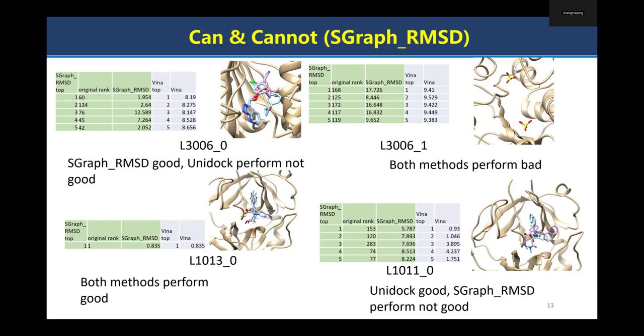So for this case, maybe a traditional scoring function has similar performance to our data-driven method. There are also very few cases where Unidog performs well, but the S-graphic MSD does not perform so well. Maybe this kind of data is rare in the training set. Maybe the training size is still not so large.